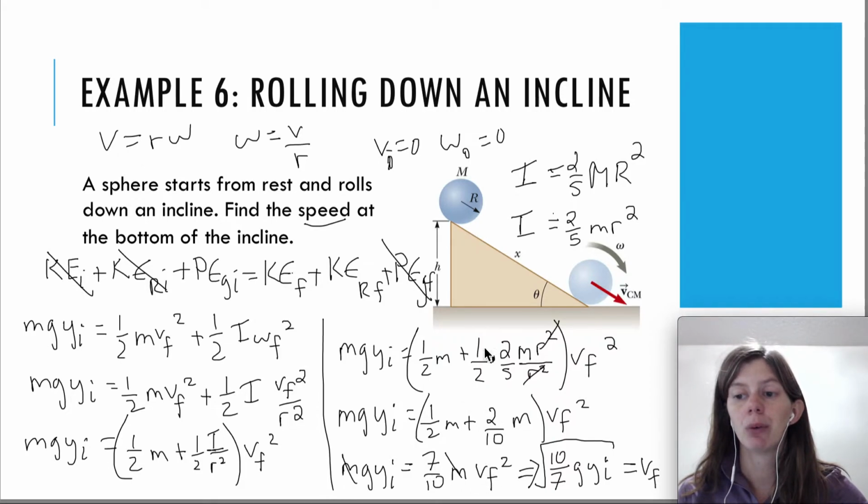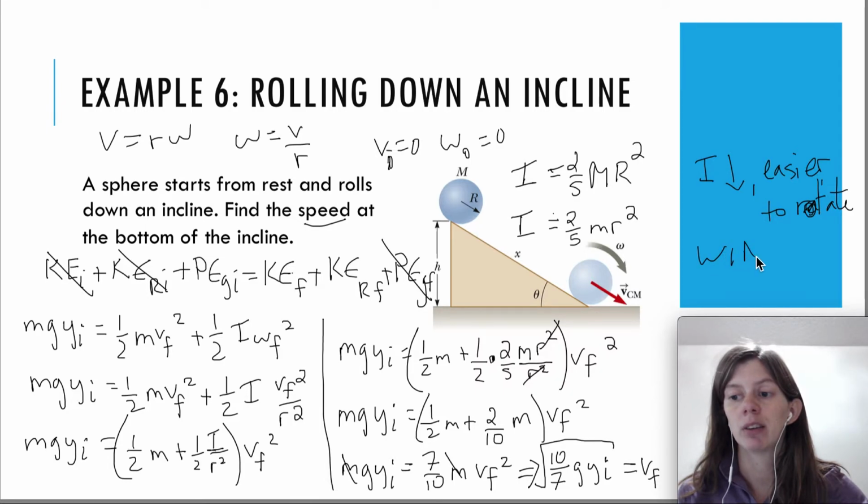So it turns out that the object with the smallest moment of inertia is always going to win the race because it's easier to rotate. So it's going to win. It's going to have a faster speed at the bottom.